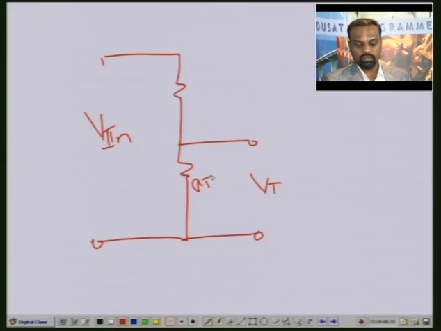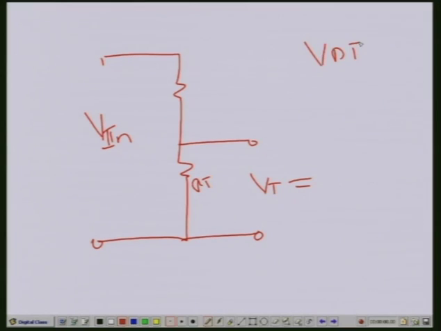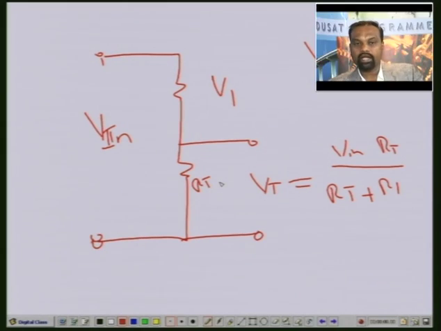The voltage is given by a very important formula, the voltage divider theorem. As we apply voltage across these two points, the voltage gets divided into two voltages. One is across R1, which we call V1, and the other is VT. Using the voltage divider theorem, the voltage across RT is VT equals V in, the main voltage, into RT divided by RT plus R1.